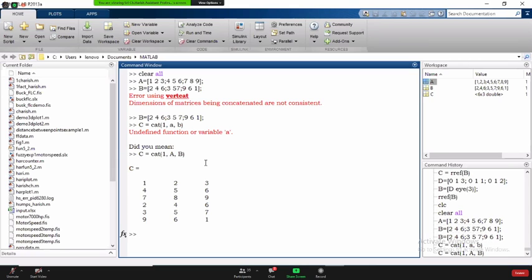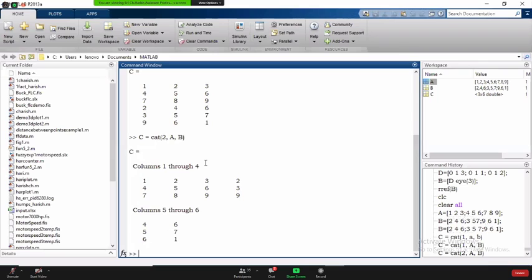Okay, now you are doing it vertically. If I want to do it horizontally, now tell me. Somebody said 2 comma A comma B, right? Is it clear? 1, 2, 3, 4, 5, 6, 7, 8, 9, and 2, 4, 6, 3, 5, 7, 9, 6, 1. Is it clear or not?